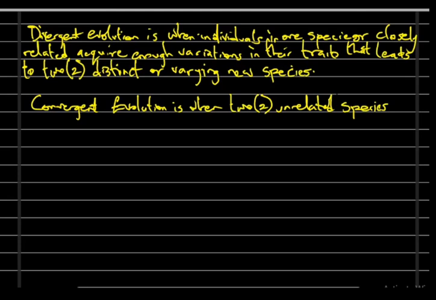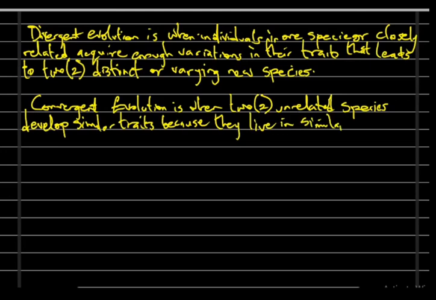But in the case of convergent, is when two unrelated species develop similar traits because they live in similar environments. So that is basically what the convergent evolution is talking about.